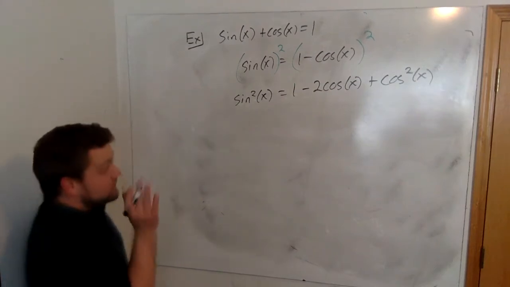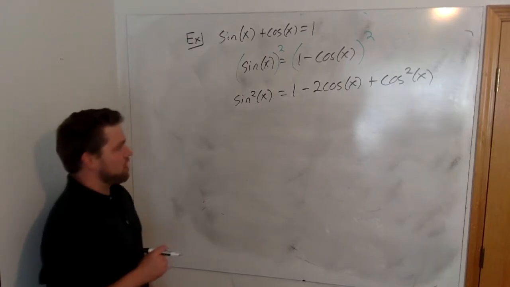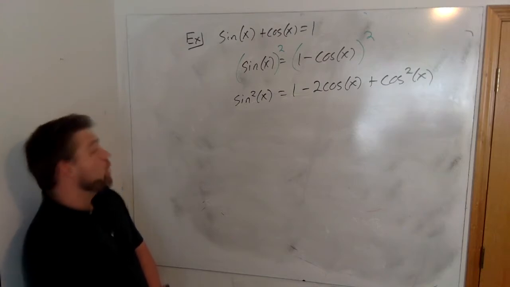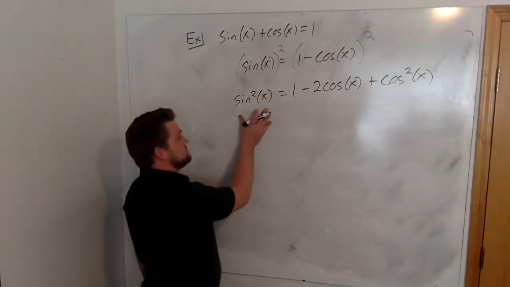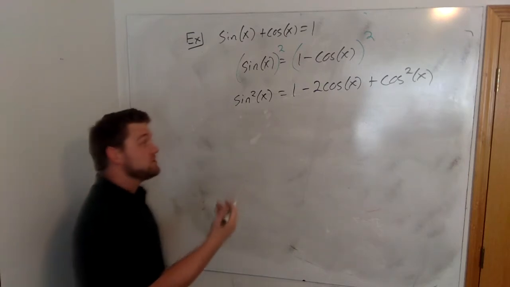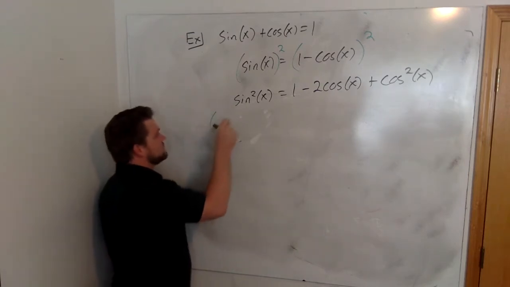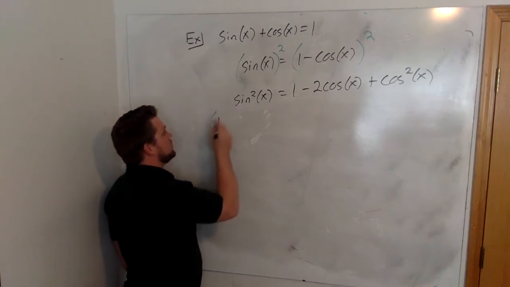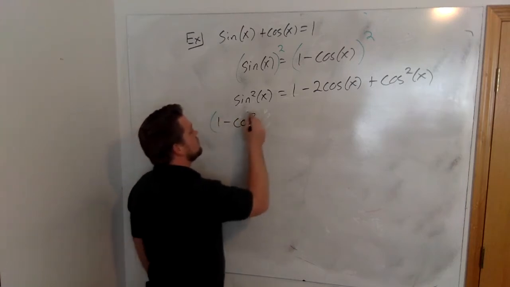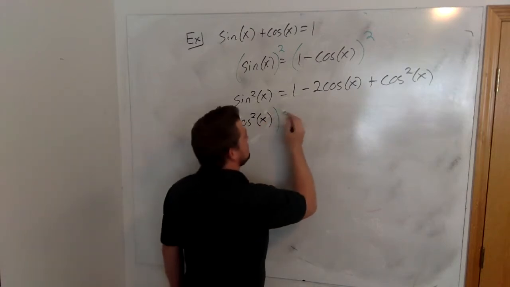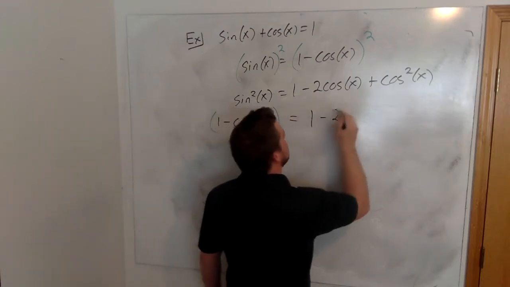This is definitely not going to be the cleaner way to do this problem, but what can we do with this? Well, we could write sine squared in terms of cosine squared, so we can make this substitution. Let's write this as 1 minus cosine squared of x. This would not be the cleanest way to do this problem, but it would still work.